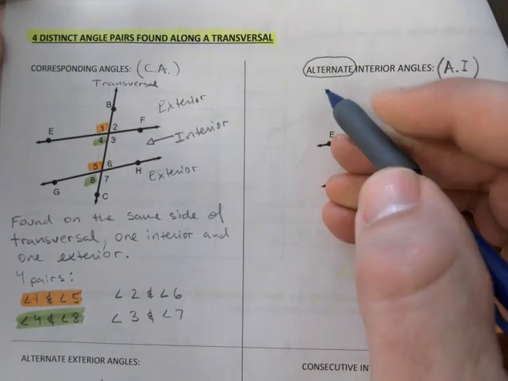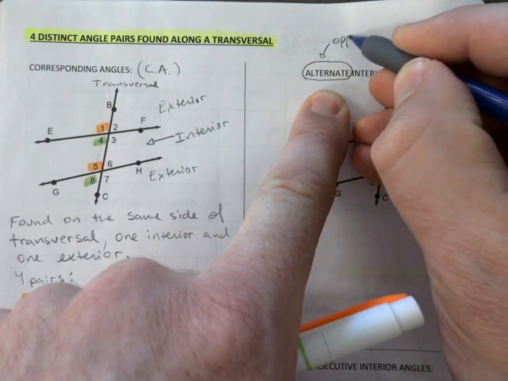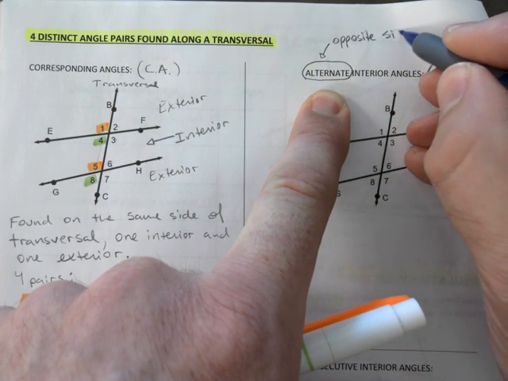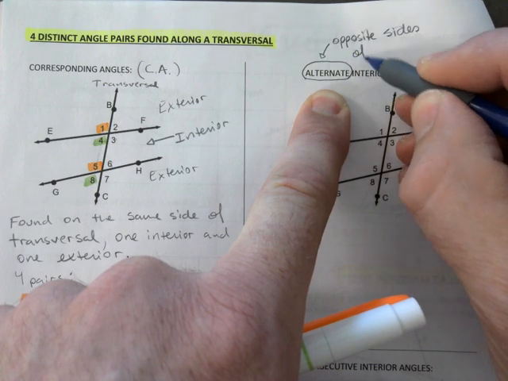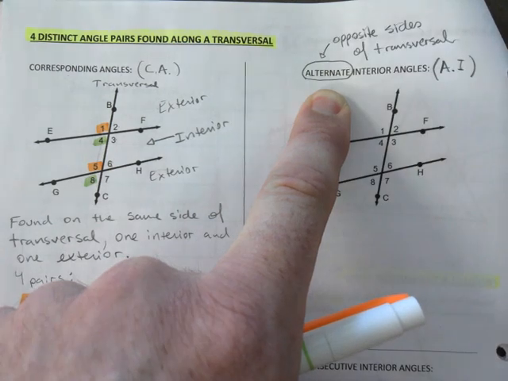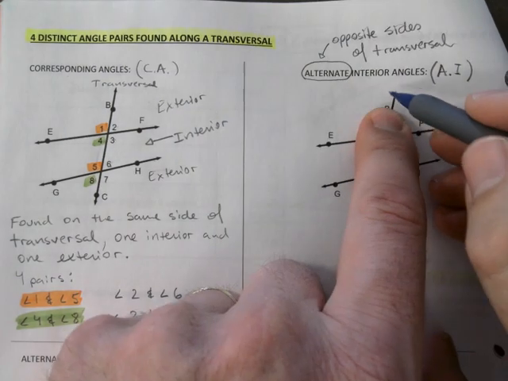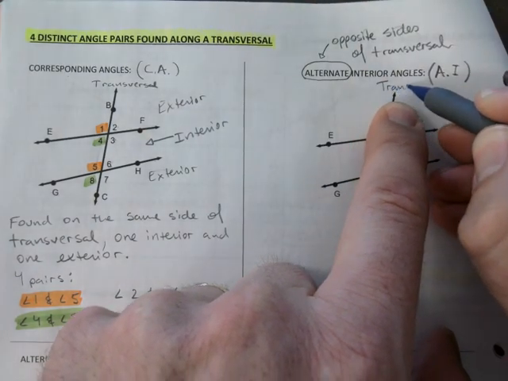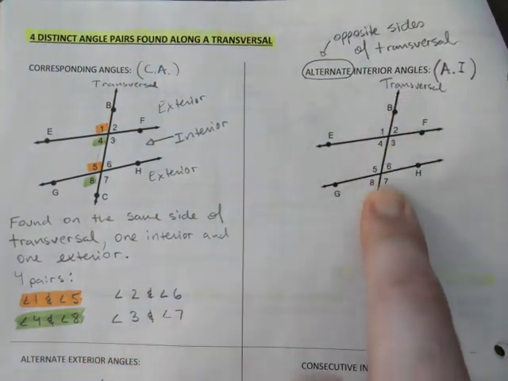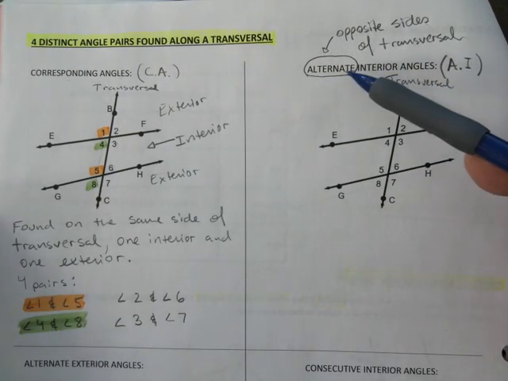Alternate, that word indicates opposite sides of transversal. That's what that word alternate means. Remember, right now we're focusing on, you find your transversal, which in this case is this line right here. I only have one. And so the word says alternate interior.